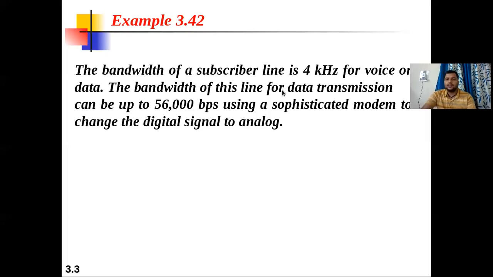The bandwidth of this line for data transmission can be up to 56,000 bits per second. So for the same media, they have explained the bandwidth in two ways. One is the frequency range which the medium can withstand, that is 4 kilohertz for both voice and data. Once you start using it for data transmission, the transmission speed you can withstand over it is 56,000 bits per second using a sophisticated modem.